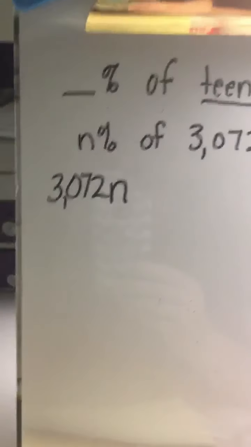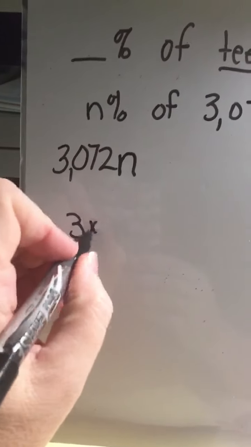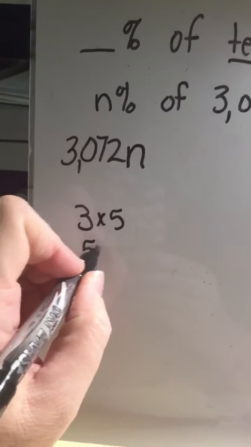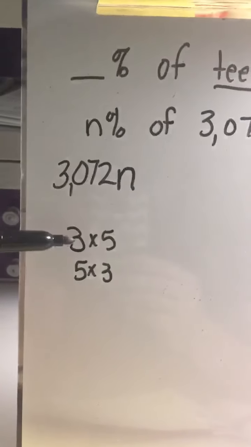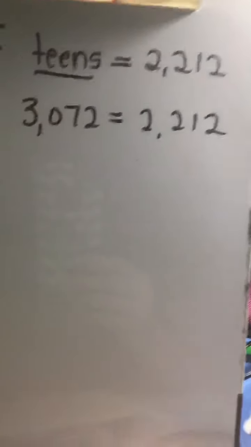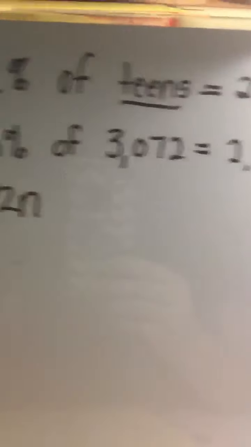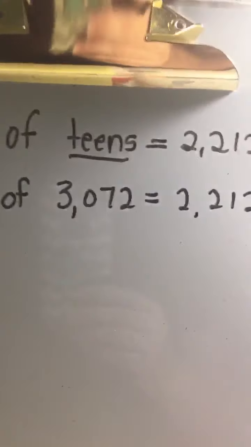But you should remember that in multiplication, if you have 3 times 5, it's the same answer as 5 times 3. So when you're multiplying, you can change the numbers back and forth because the answer will still stay the same. That's why we can put the 3,072 in front of the variable or behind it.